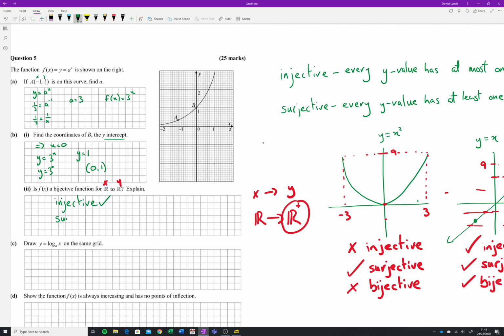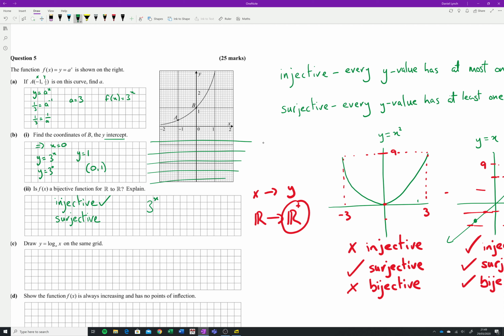Is it surjective? Is every y value used up? Well, if it said R to R plus, that just means looking at all the positive y values. Every y value does get used up. Every y value will have one x value associated with it, but it doesn't say that. It instead says you have to look at every single y value, and no, all these y values here are not included.